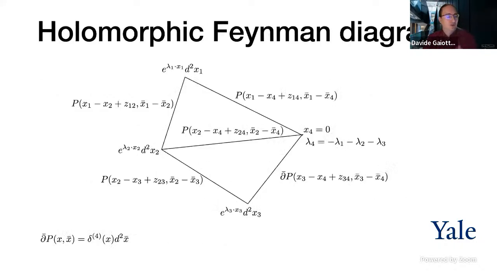So what sort of Feynman diagrams are we looking at? Forgive my poor drawing abilities. I'm just trying to put on the same slide all the ingredients which are needed for the calculation of one of these diagrams. So these are integrals. What happens is that the same diagram can be used in many different places.